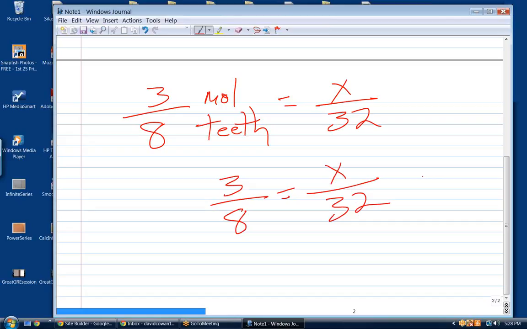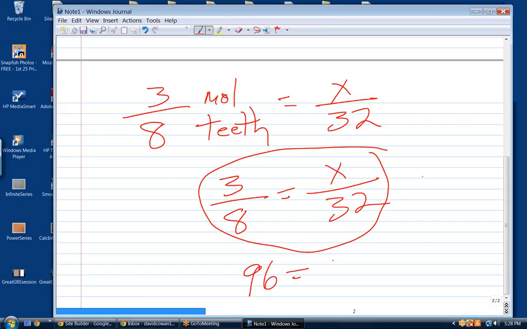Okay. How would I solve this equation? Cross multiply. I can do that, which gives me 96 equals 8x, and then the next step would be to divide by 8.